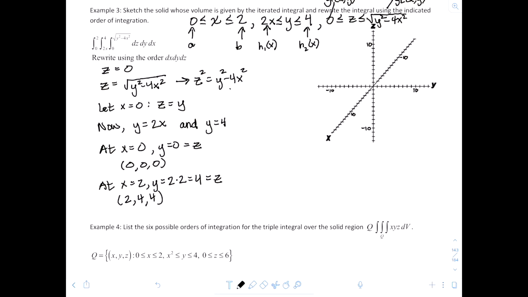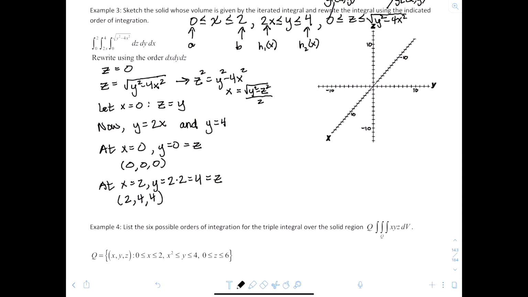Isolating x with a little algebra, we're going to have the positive root of y squared minus z squared over 2, right? So I just isolated x, noting that x is positive.